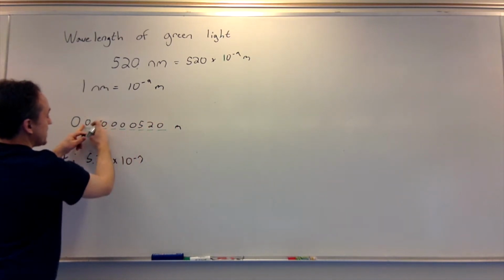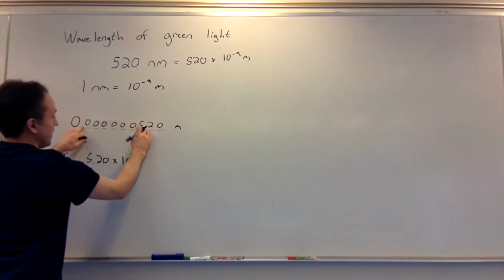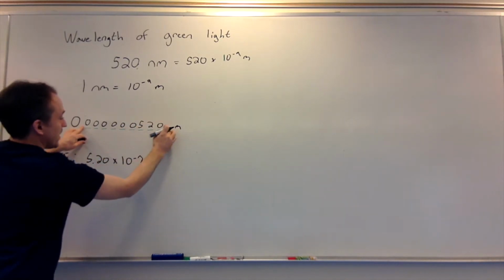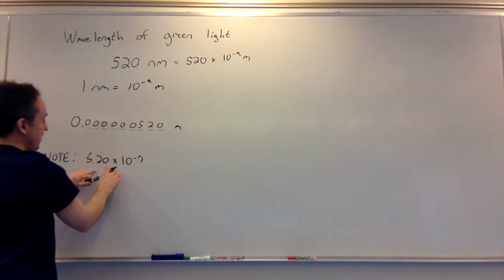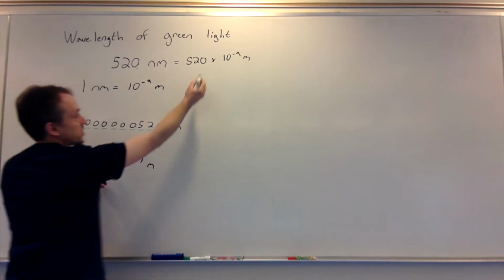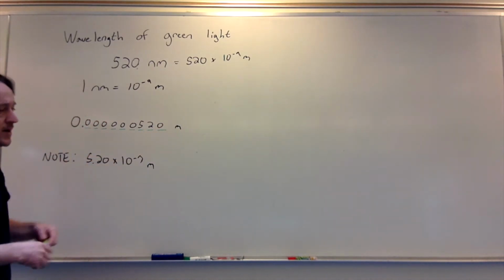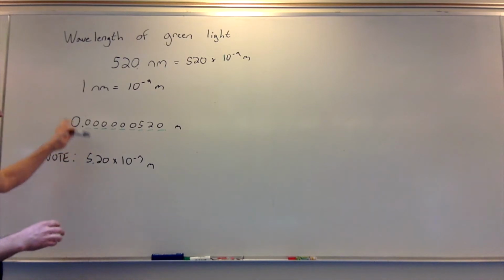The negative 7 means I carry that 5, which is before the decimal point, to here, and whatever's after the decimal point I carry out for the rest of that. So 5.20 times 10 to the negative 7th meters is also equal to 520 times 10 to the negative 9th meters. That's how you handle the really small numbers.